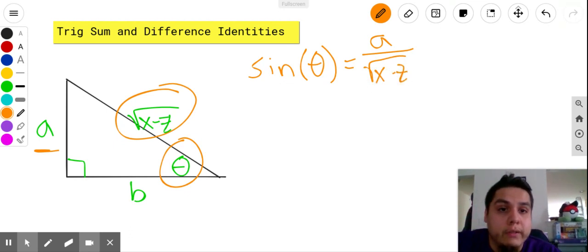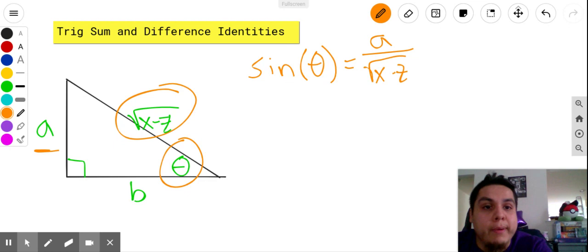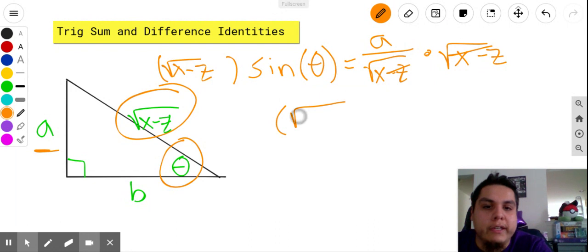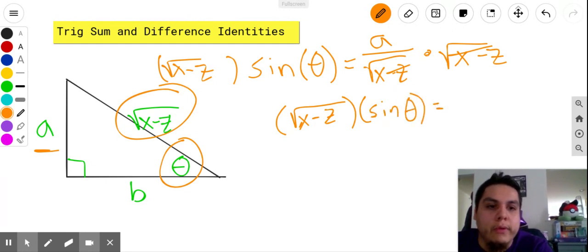It's a weird expression. From there, if I want to get A by itself, I can just multiply by the square root of x minus z on both sides, and doing so cancels this out. So whatever this weird expression is, times the sine of theta, should equal A.